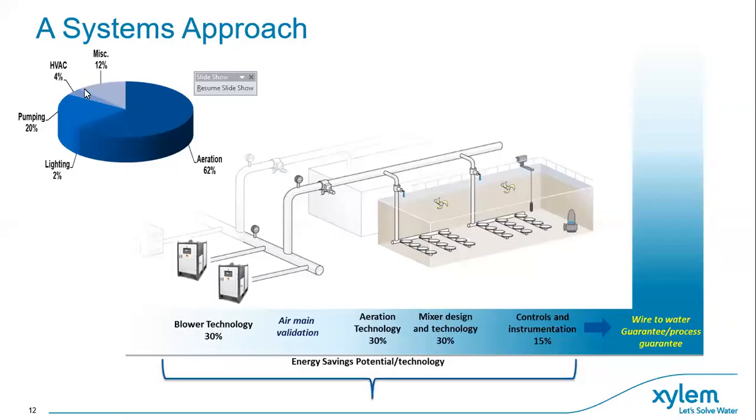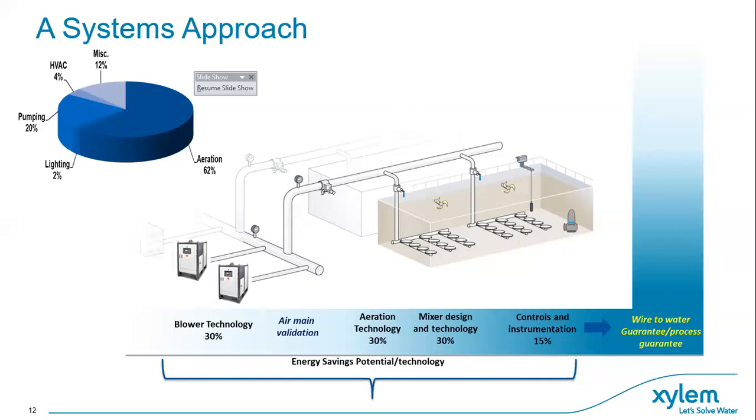Starting off with the same pie chart as Adam just showed, the majority of a treatment plant's energy, of course, is aeration, the heaviest piece. And of course blowers are the machines that draw most of the energy in this. So by selecting the right blower technologies and optimization, blowers can save up to 30%.